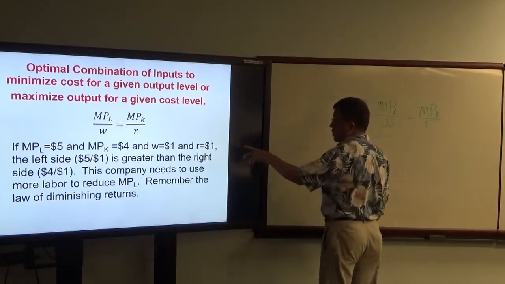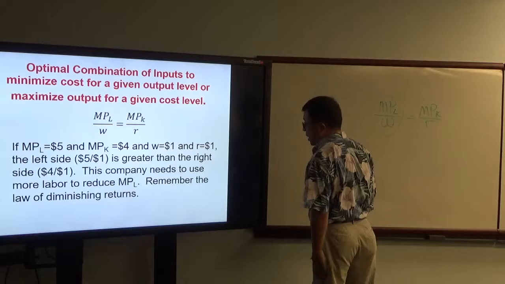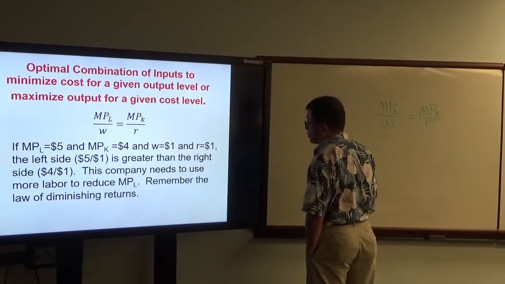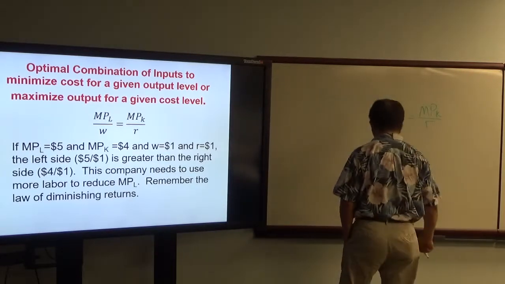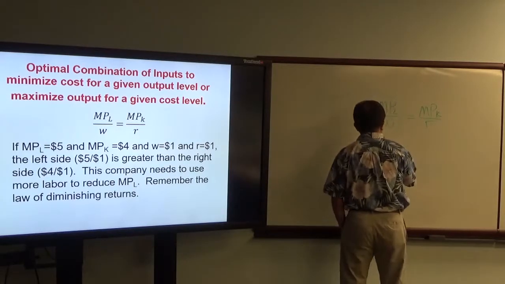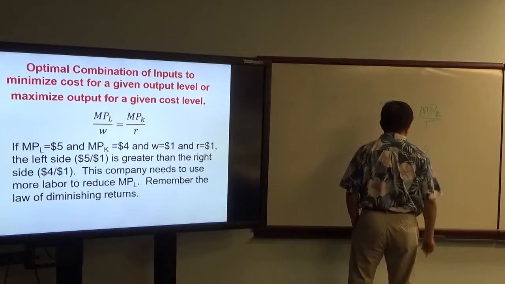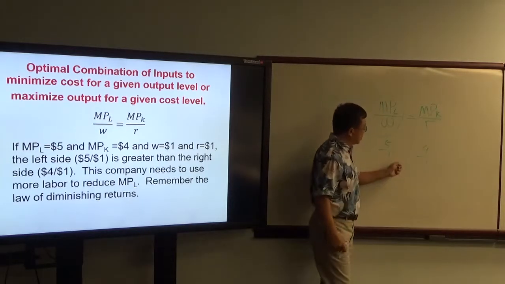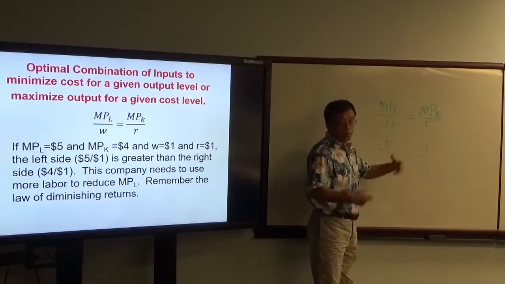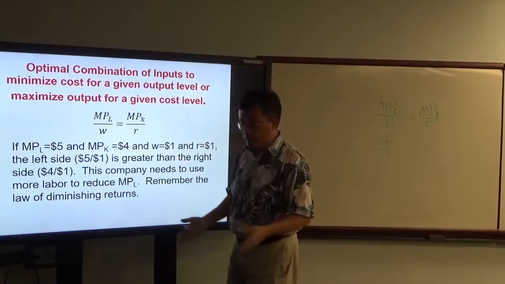So for example, if the left side, the marginal product of labor, is 5, and the marginal product of capital is 4, and both the wage and the price of capital are $1 each, then the left side is 5 divided by 1, and the right side is 4 divided by 1. Now, what do you need to do to restore the equilibrium? Do you have to use more labor or more capital?